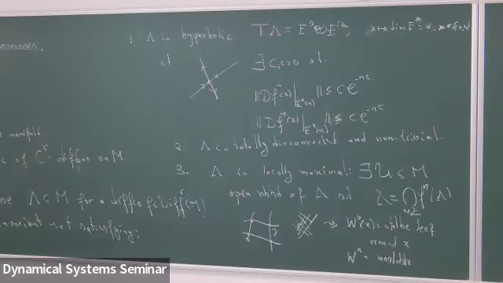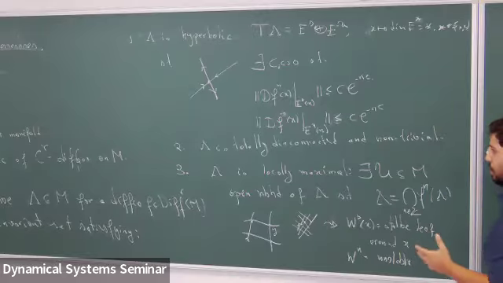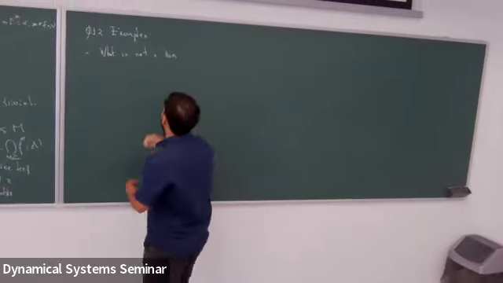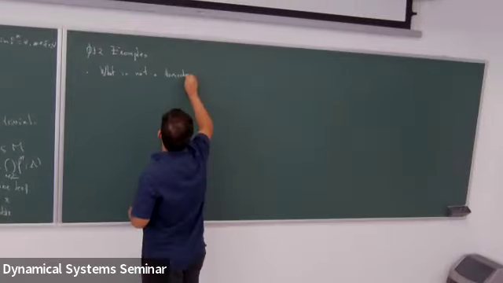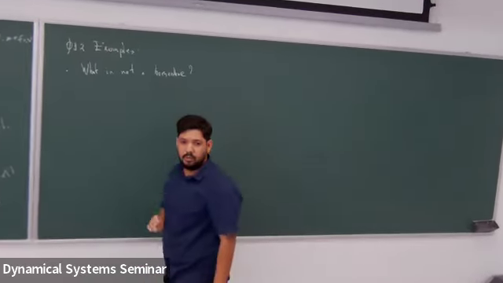So, examples. First, let's discuss what is not a horseshoe but has the first property, and that will clarify a little bit the concept of horseshoe. I will draw your attention to two classes of examples that are extremely important for hyperbolic theory but do not fit in the category that I would like to discuss.